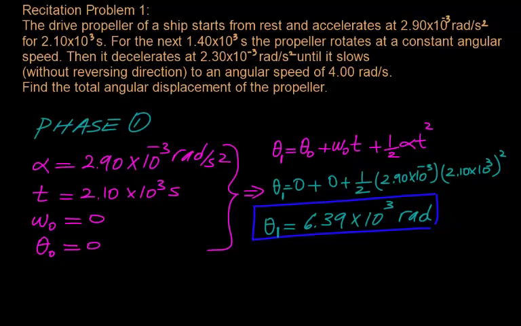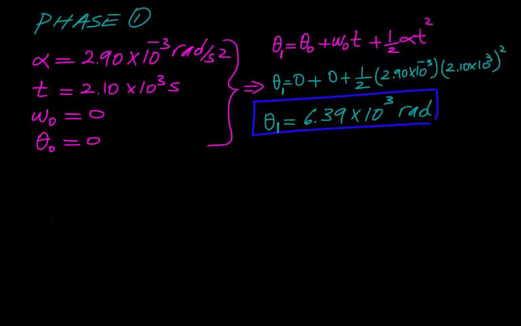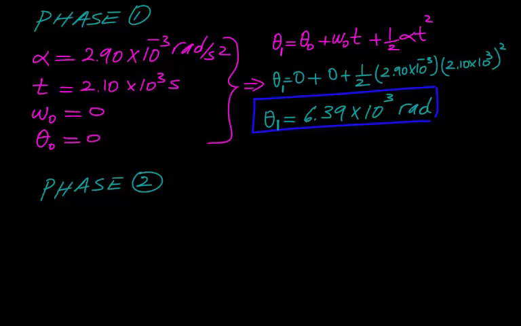Okay, now phase 2, it's a constant angular velocity motion. The known quantity is the time, which is equal to 1.40 × 10^3 seconds.